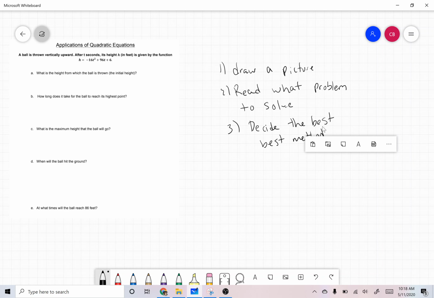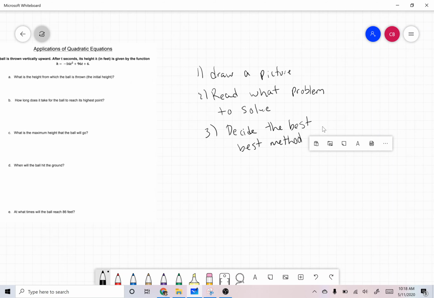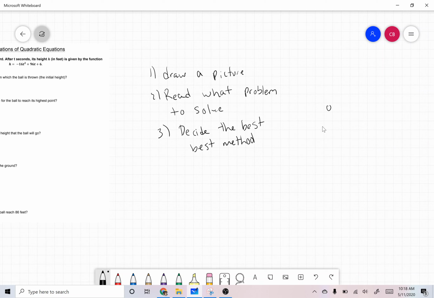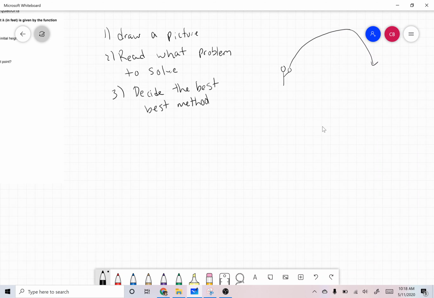First, we have a ball is thrown vertically upward. Let's draw a picture. So we've got this person, and they're throwing this ball. We don't know how high or how far it goes yet, but eventually it's going to come down and hit the ground here somewhere.